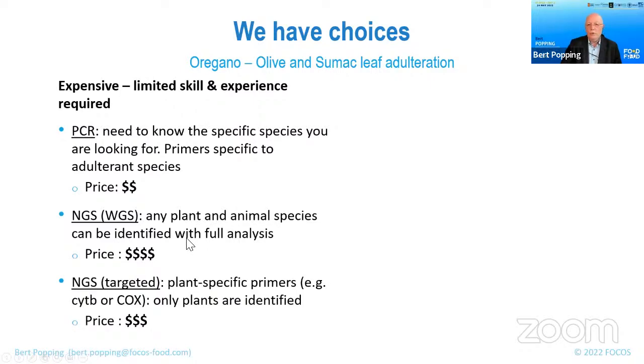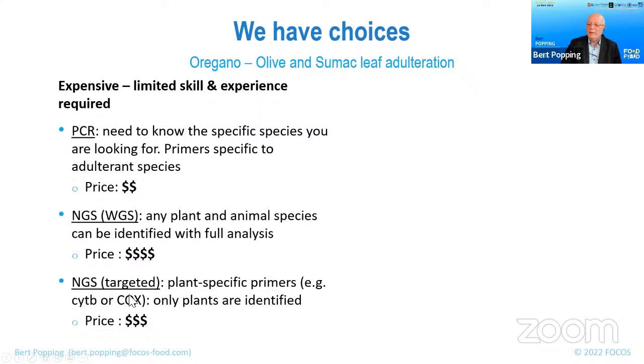Instead, if you know that your adulterant is plant or animal based, you could use specific primers, that is some sort of targeted next generation sequencing, where you identify any plant that is in there or any animal. So for example, cytochrome B or cytochrome oxidase 1, sorry, that was meant to be for meat species.